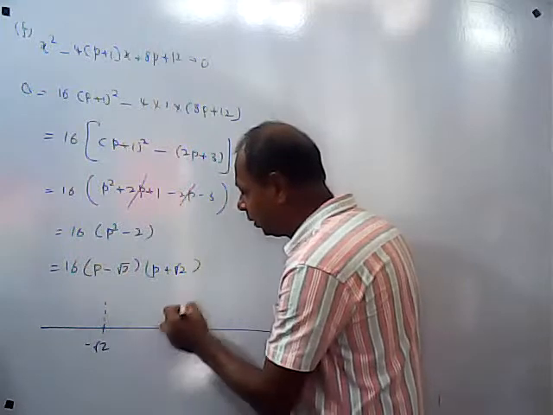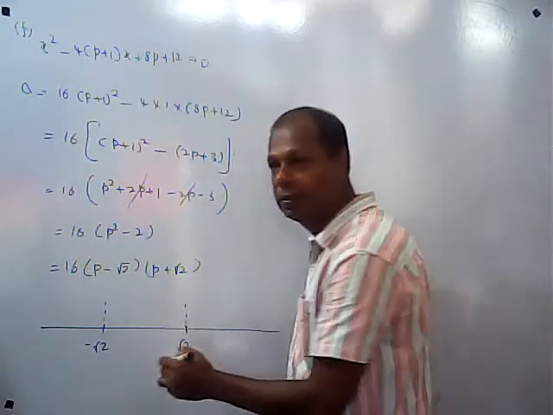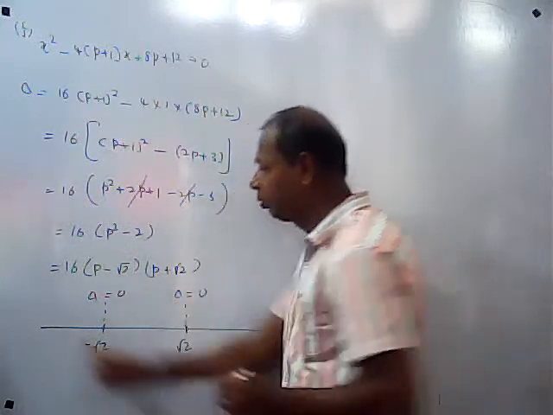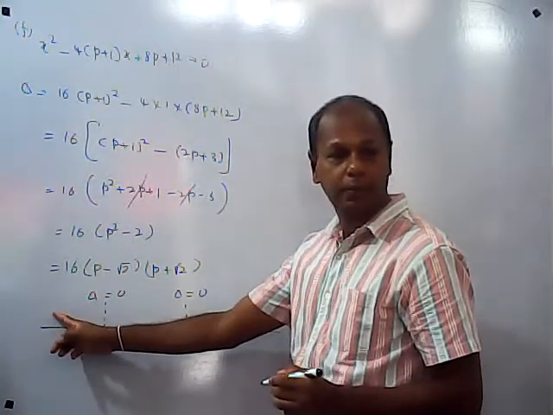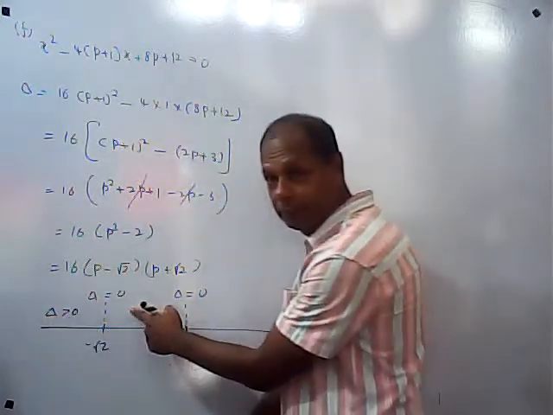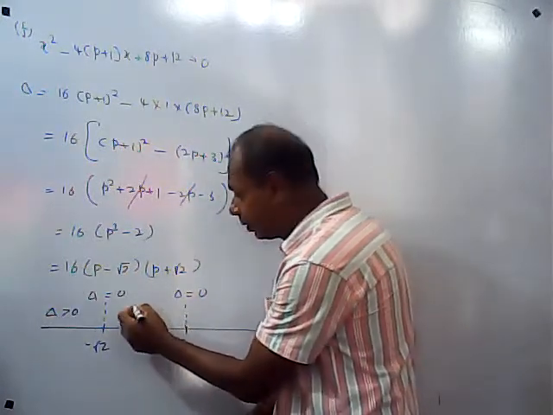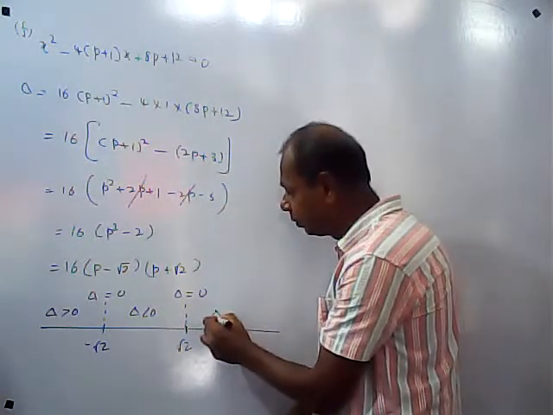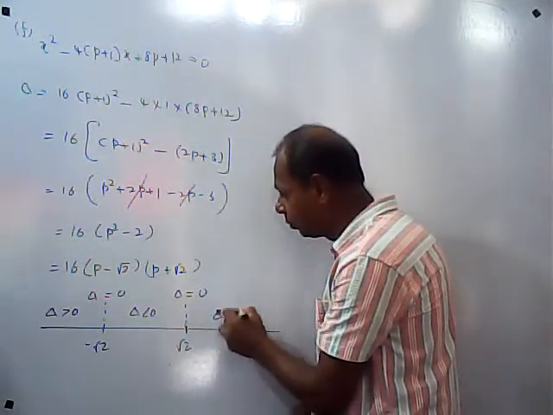At these two places delta is equal to 0. Here it is greater than 0, in the middle it is less than 0, and again on the right it is greater than 0. Now you can explain the nature of roots.